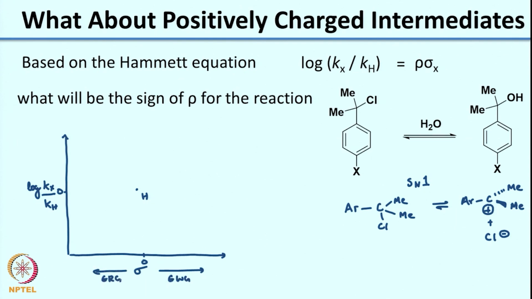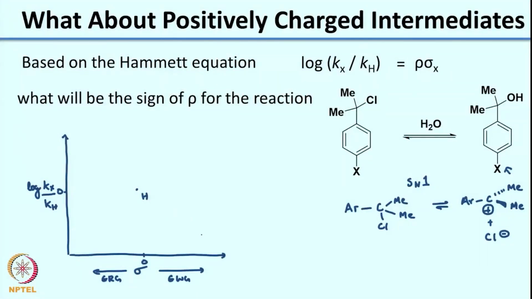If you have an electron withdrawing substituent here, what would it do to the rate of the reaction? You have a positive charge on the aromatic ring. If you are confused, you can think of a nitro group. If you had a nitro group here, will that stabilize or destabilize your carbocation? An electron withdrawing group will destabilize your carbocation, correct? So compared to H, it would decrease the rate.